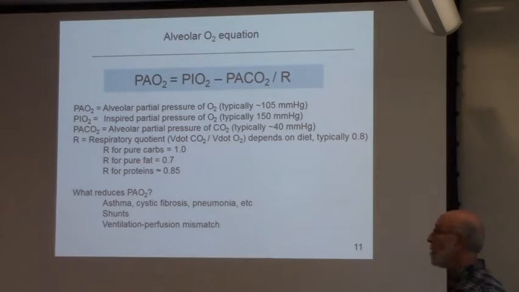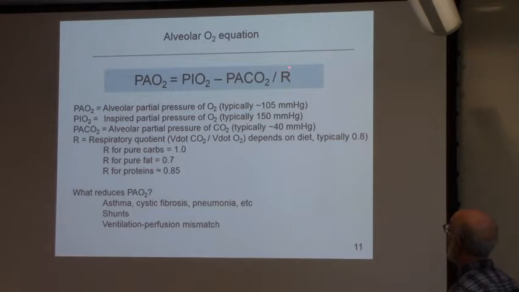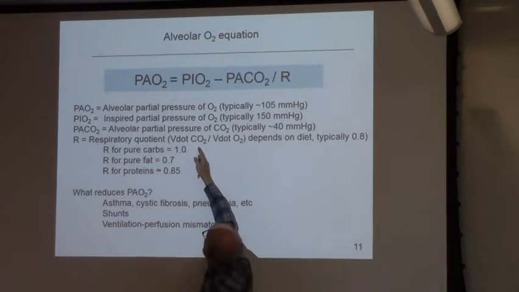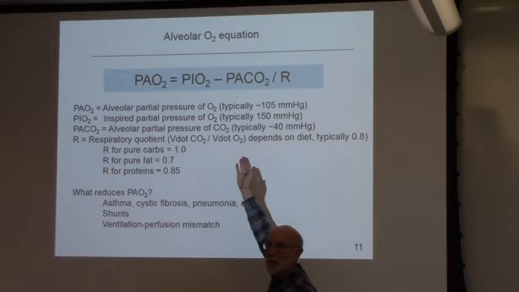That's the inspired part. Here's the partial pressure of CO2 in the alveoli. And now here's an interesting number. This is called the respiratory quotient. It's the production of CO2 divided by the consumption of oxygen at a given body condition.